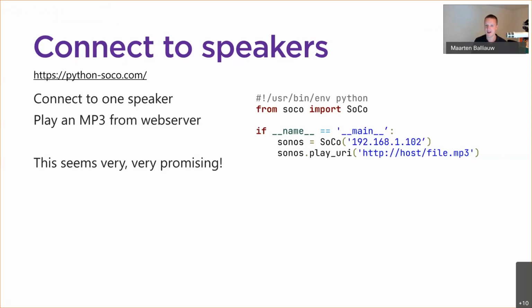Very promising. Everything worked. I could connect to this thing essentially in 5 lines of code and have it play some URL. Of course, an app would be nice later on, but so far this works. So proof of concept wise, the first step of connecting to those speakers was already finished and was working.